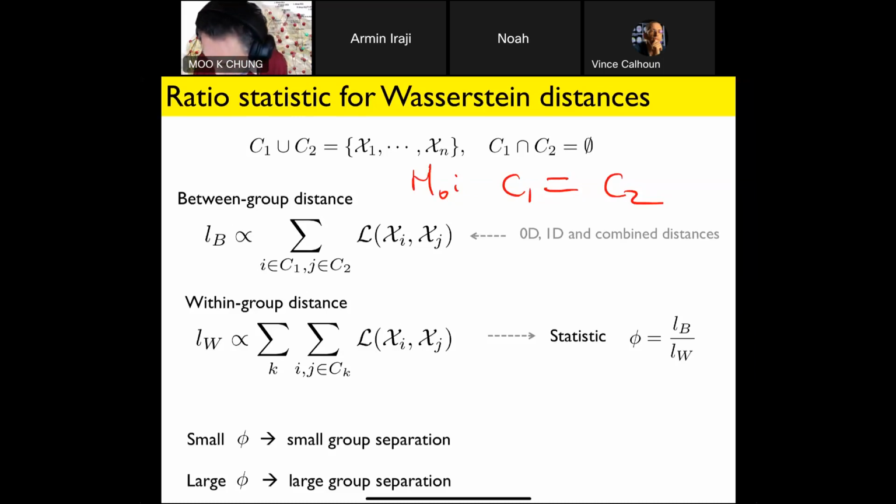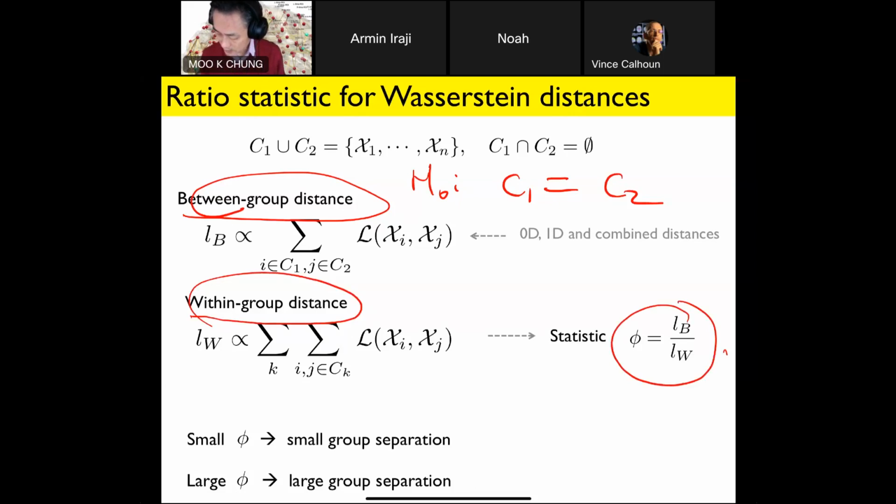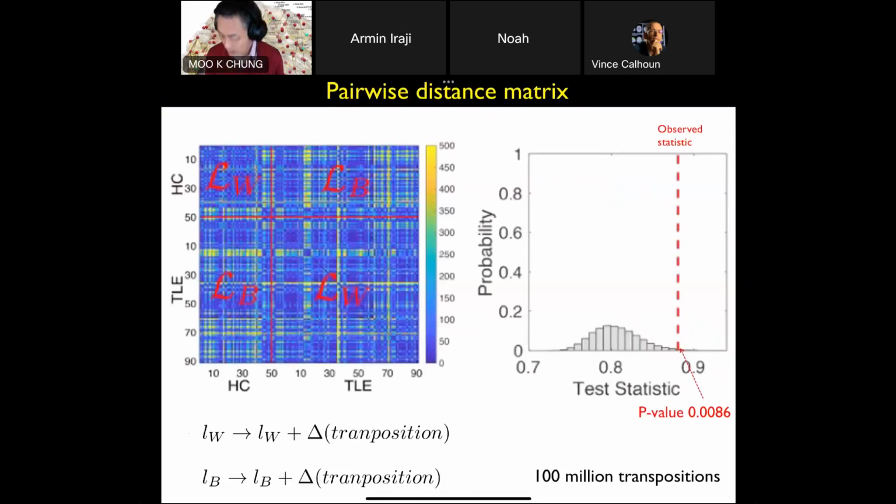We're going to use the between-group distance, the between-cluster distance, and the within-cluster distance, like this. From a test statistic like this, a small ratio would mean small group separation, and a large ratio would mean large group separation. Using that, we can do some inference. Now, to speed up the computation, this is the topological distance.